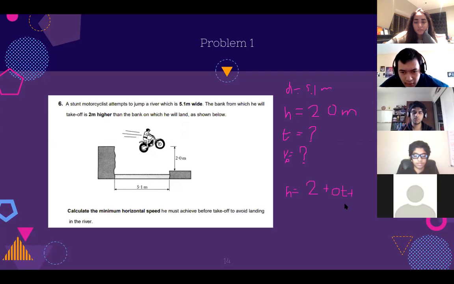Plus 1/2 g t squared. Okay, I'm going to get my calculator because that'll be useful. So we have 2 equals 2 plus 1/2 g.